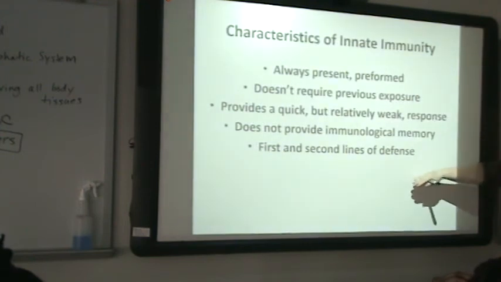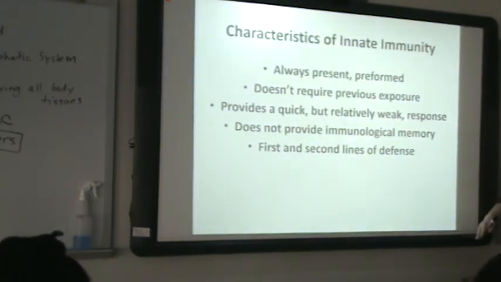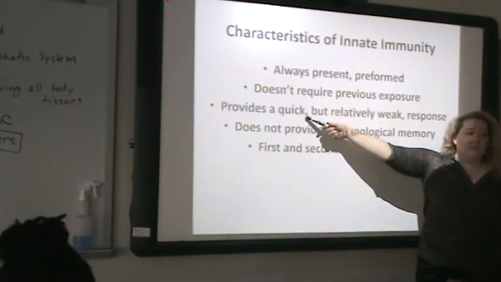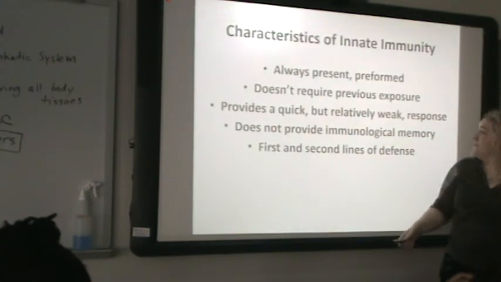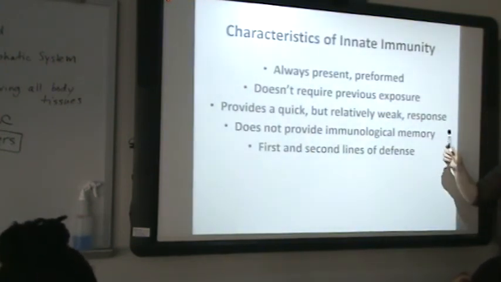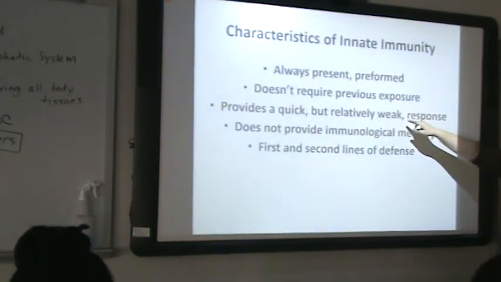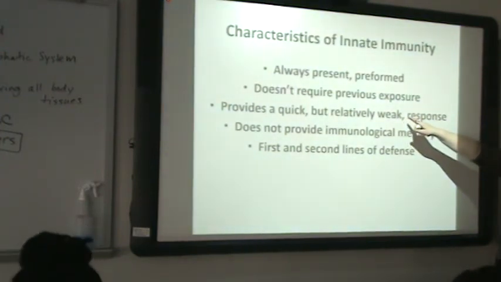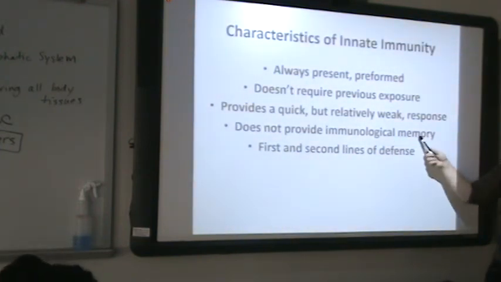Your innate immune system will already start protecting you from it. So it's immediate. It's quick. It's ready all the time. It's quick, you always have it, you don't have to have seen the threat before, but it's weak. That's the drawback. It'll protect you a little bit. There's no immunological memory. We'll talk about what that is later.